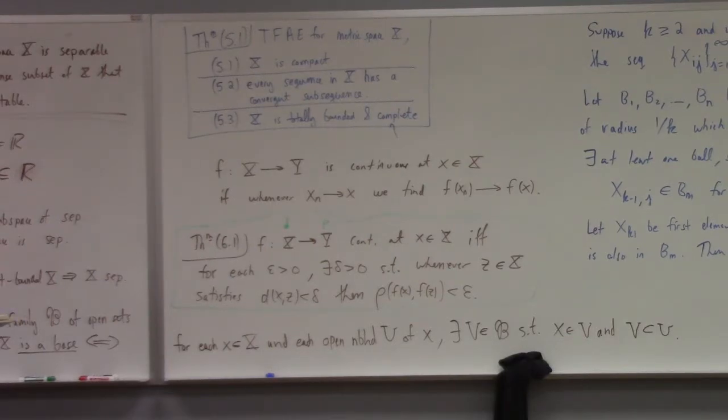Well, I think his theorem 6.2 is that the following are equivalent for a function from a metric space to a metric space. f is continuous. For each x and epsilon greater than 0, there exists delta such that whenever z is in X and the distance between x and z is less than delta, that implies that the distance from f of x to f of z is less than epsilon.